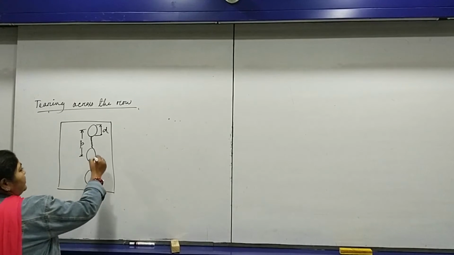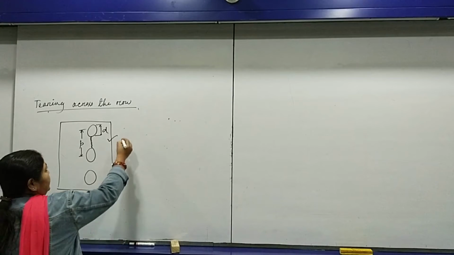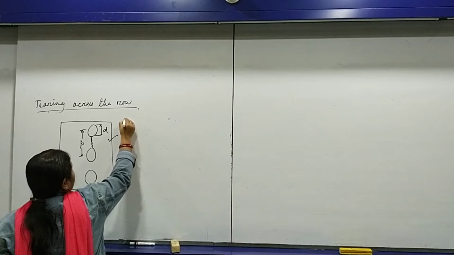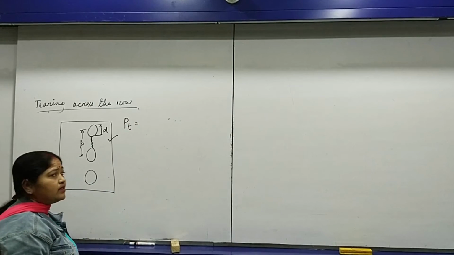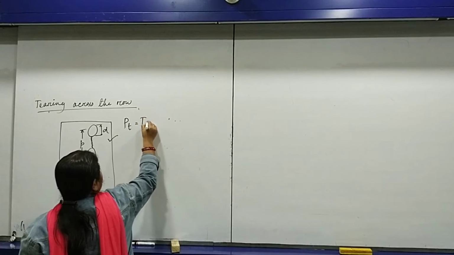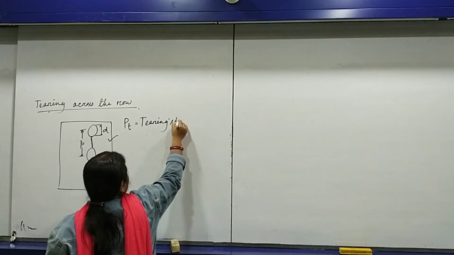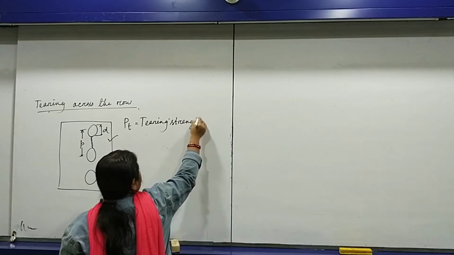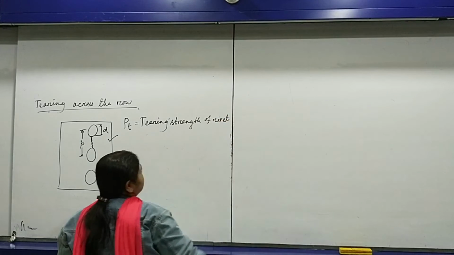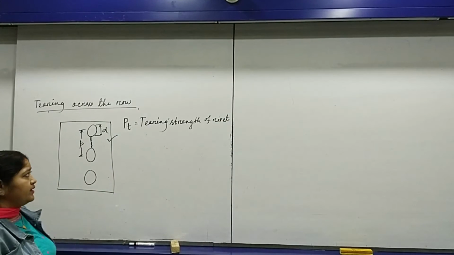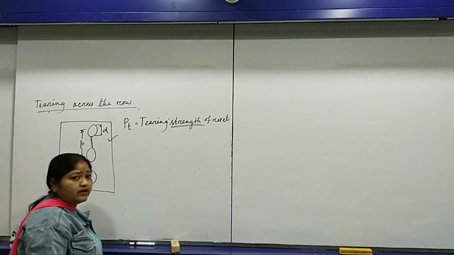To avoid it, we calculate Pt, the tearing strength of the rivet.